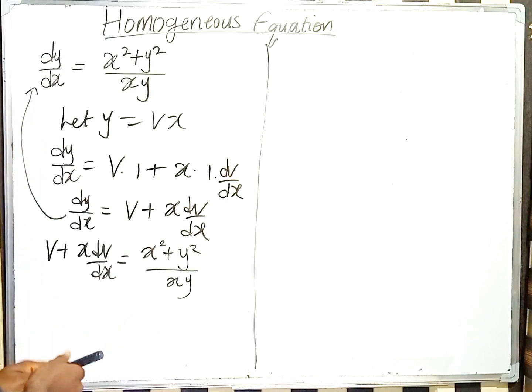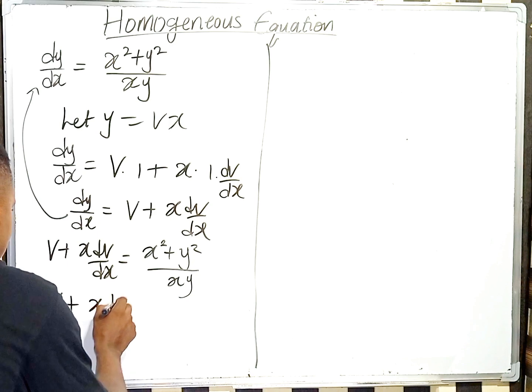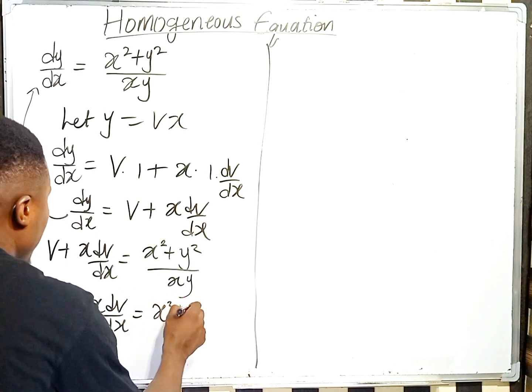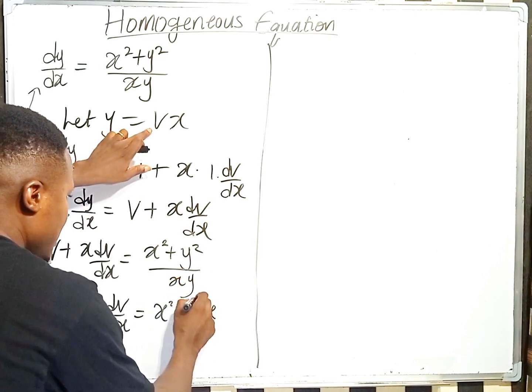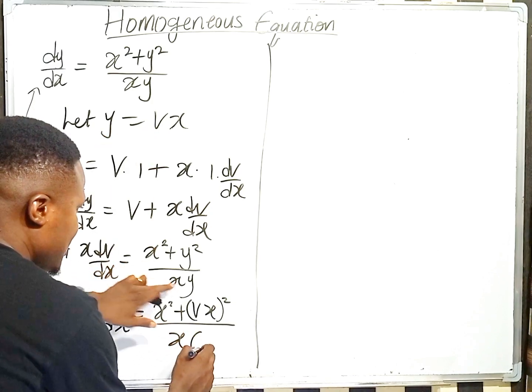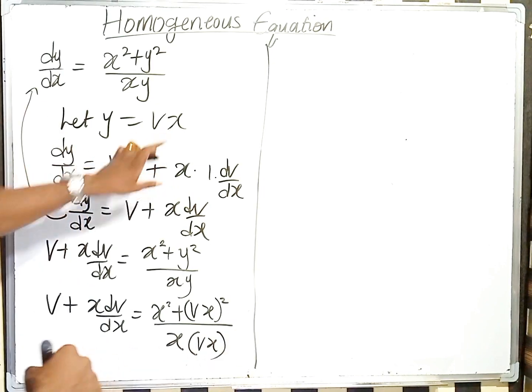Since y is equal to vx, we can now have that v plus x dv all over dx is equal to x squared plus, see my y, I will put vx all squared, over x again. Seeing y here again, I will still put vx. All right.